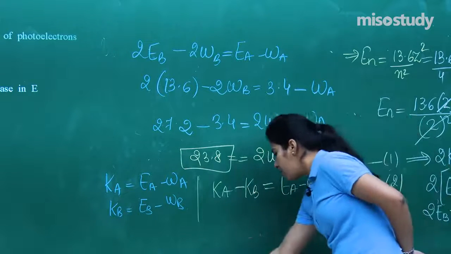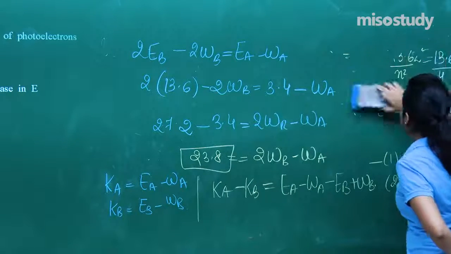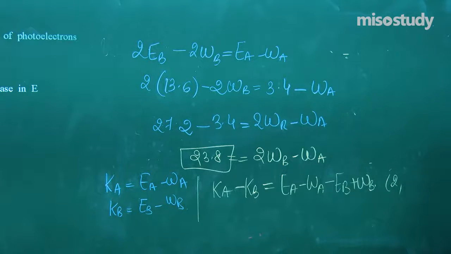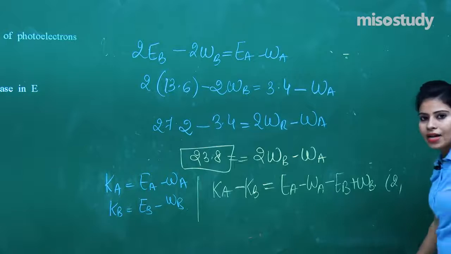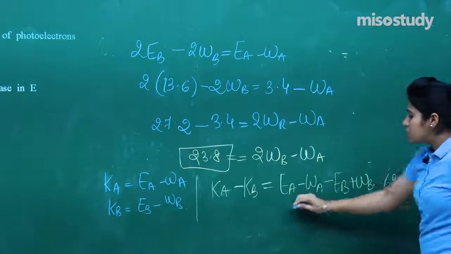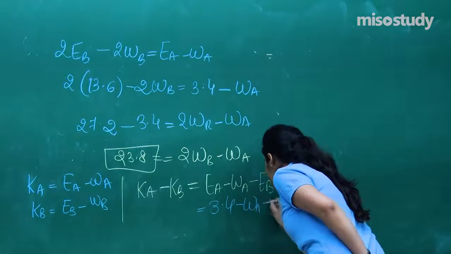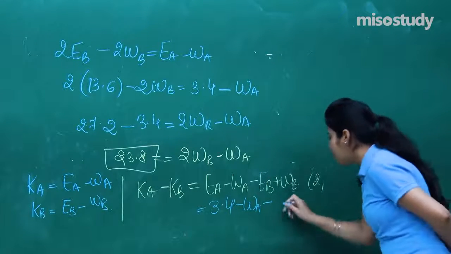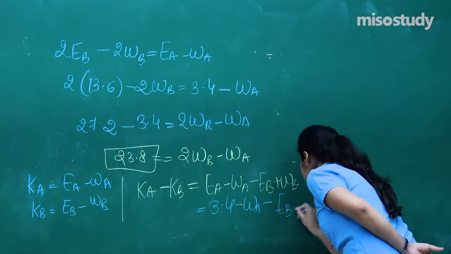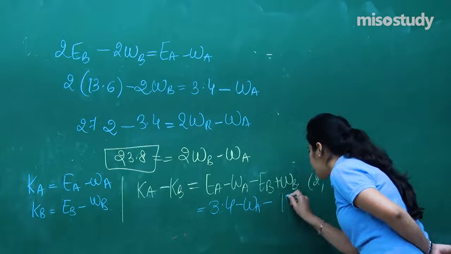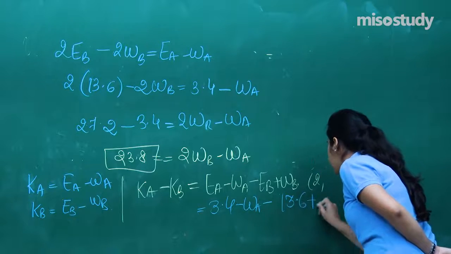Now what you can see from here, we know the value of EA and EB. EA was 3.4 minus WA, and your EB is 13.6 plus WB.